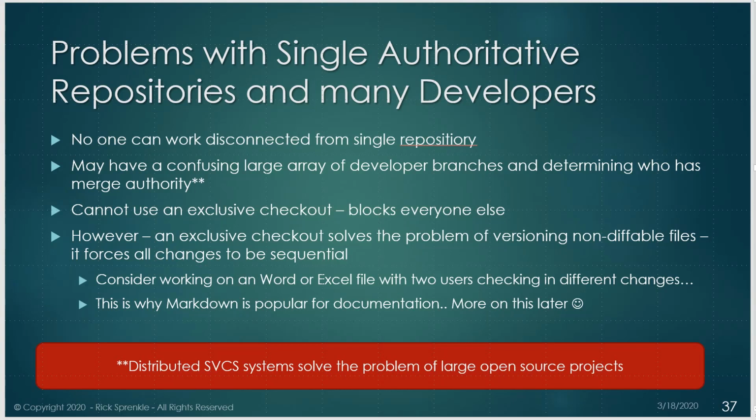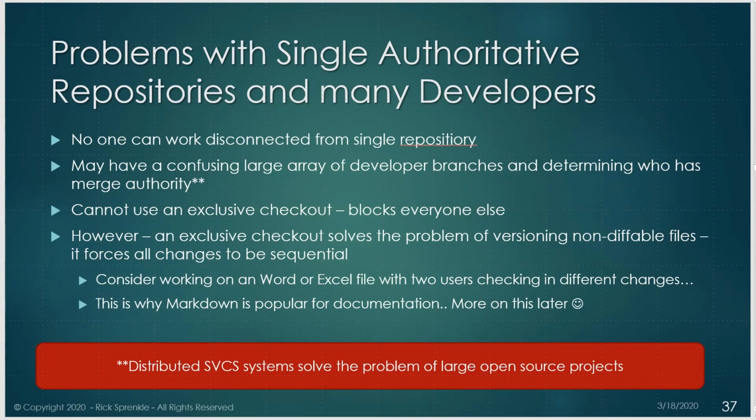And before we go on, I want to mention one thing. One of the advantages of an exclusive checkout is for systems where you don't have diffable files. So remember, this whole Git repository notion is not that you can't store binary files in it. It's just that you can't diff those. And since Git is all based on a diffing engine, noticing what changes are made and being able to merge those changes in easily, you can't do that with binary files.